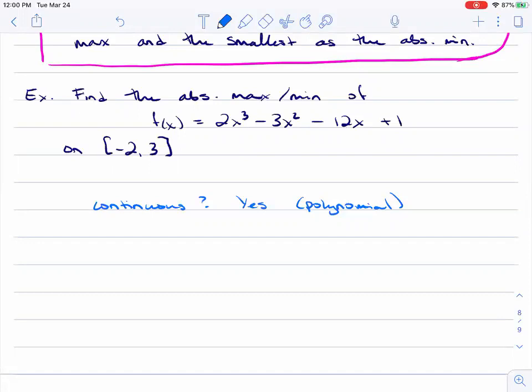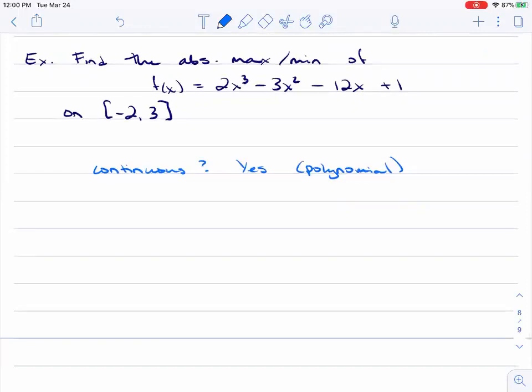Maybe have a look back, because we need to be able to say that something is continuous. And do we have a closed interval? Yes, the interval is closed on -2 to 3. So now we can continue. The first thing that we're going to do is find the critical numbers.